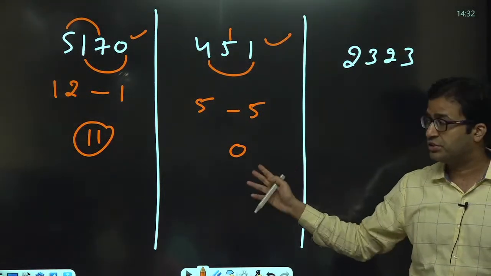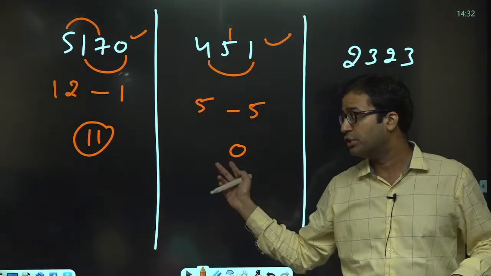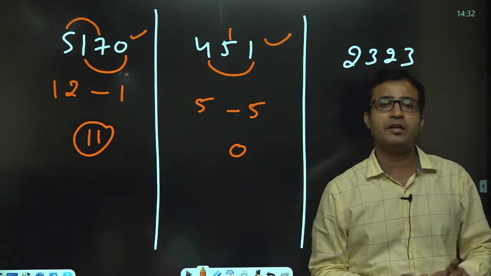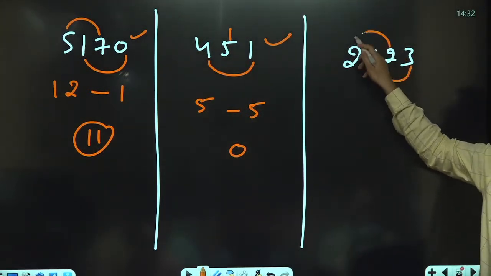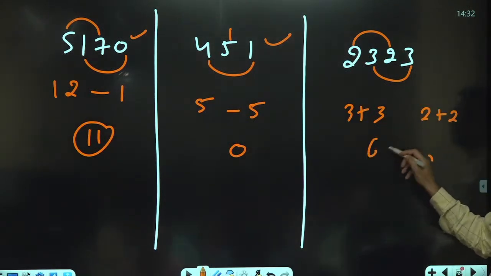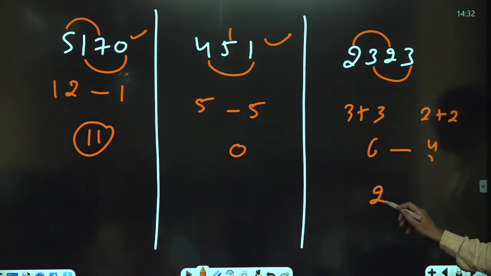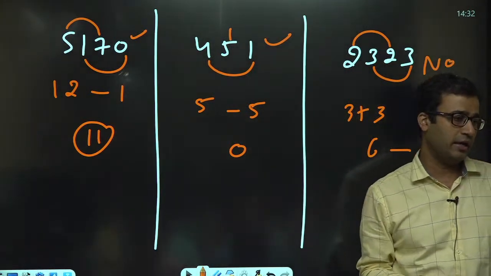When the difference is 0, 11, 22, 33, or a multiple of 11. In this case, this is 3 plus 3, 2 plus 2. 3 plus 3, 2 plus 2, 6, 4, difference is 2, no. This number is not divisible by 11.